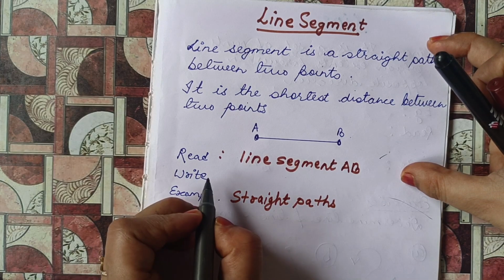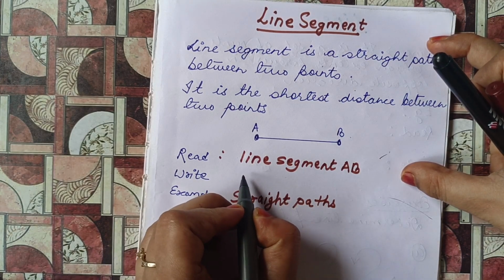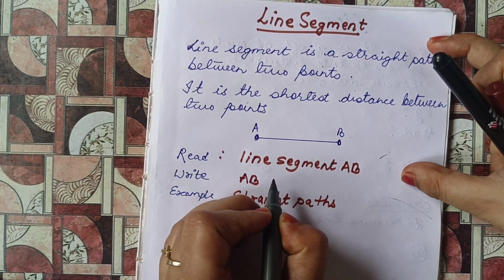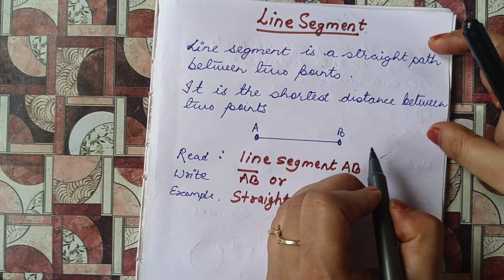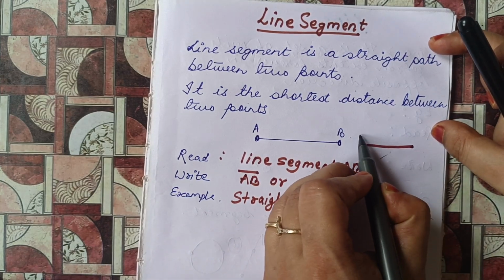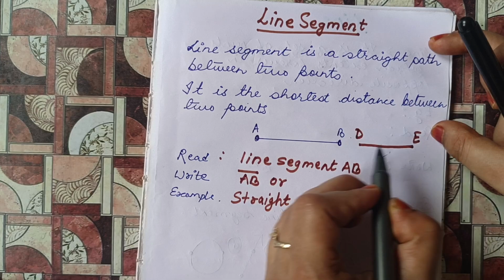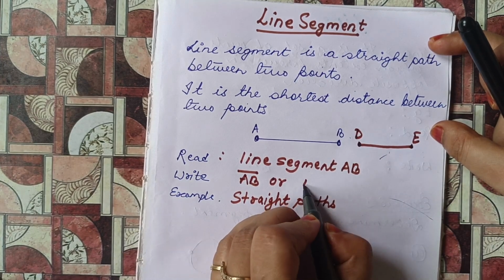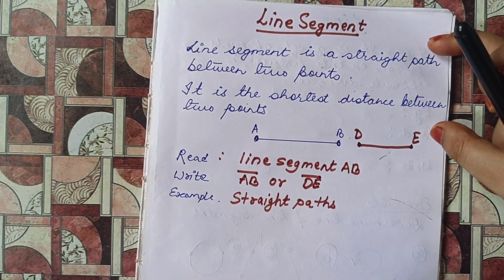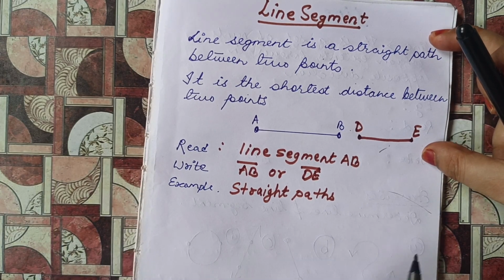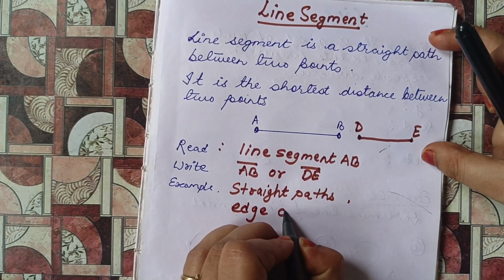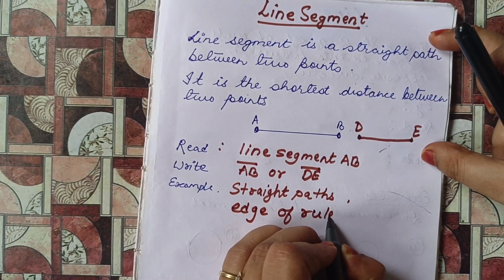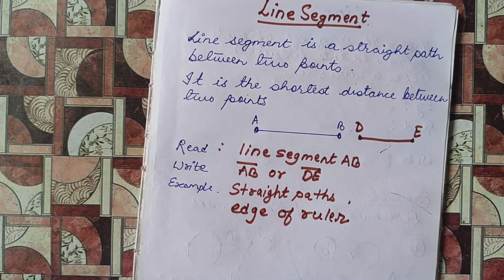Now we write line segment this way, AB with a line above it, or any other line. Suppose there is a line segment DE, then we'll write it as DE with a line above. Example of line segment can also be an edge of a ruler. Edge of ruler is also an example of line segment.